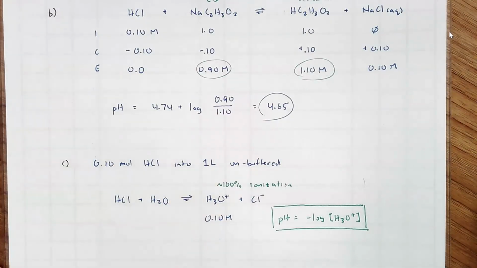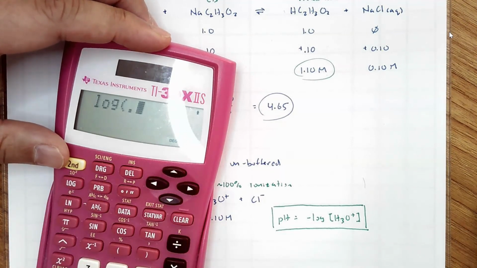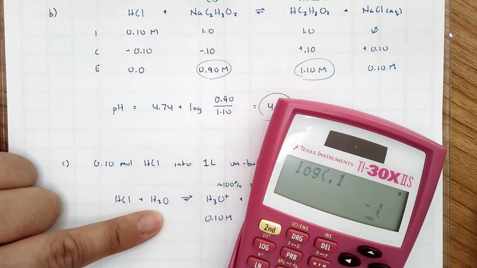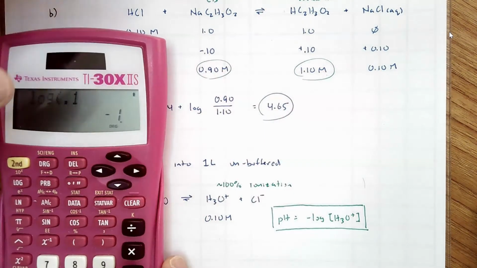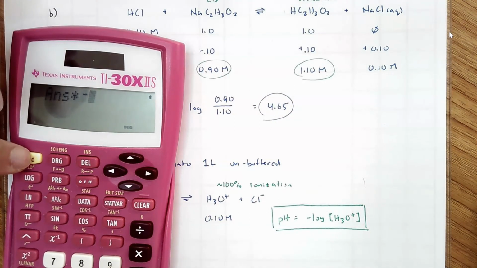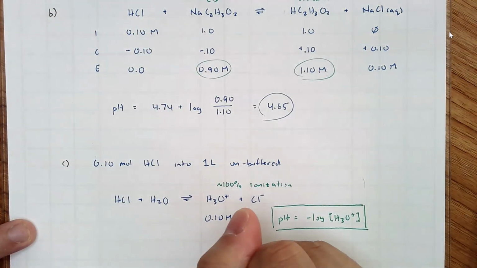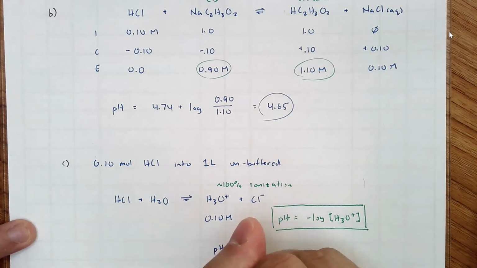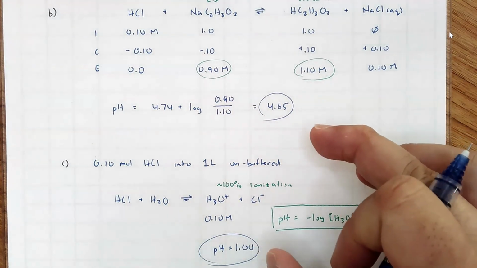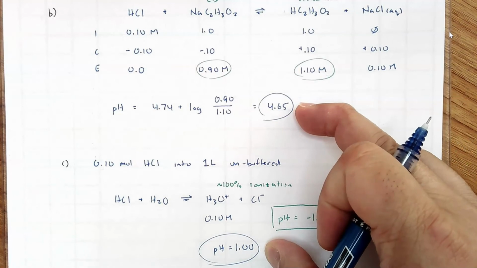This is unbuffered water, and hence log of 0.1 equals -1, but it's the negative log, so the pH equals 1.00. That's the difference between adding acid into water versus adding acid into a buffered system, a buffer solution.